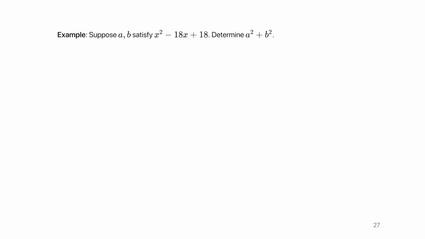Okay, so suppose a and b satisfy x squared minus 18x plus 18. To be a little more clear, there should be an equals 0 there. Determine a squared plus b squared.